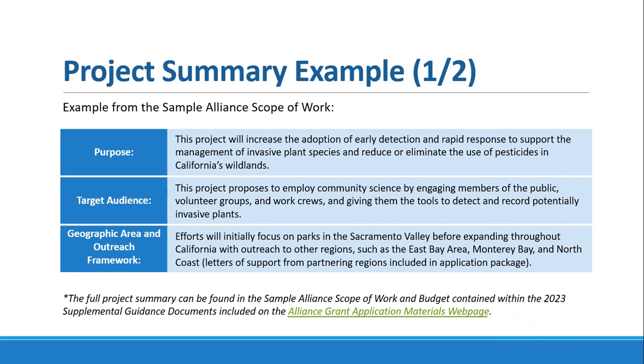And if you call back to the project abstract we just looked at, this is relatively similar, but with a broader level of detail. And then the target audience, there's important information here on exactly who the project intends to serve. The geographic area and outreach framework, which we see specific information here on the regions that might be affected.